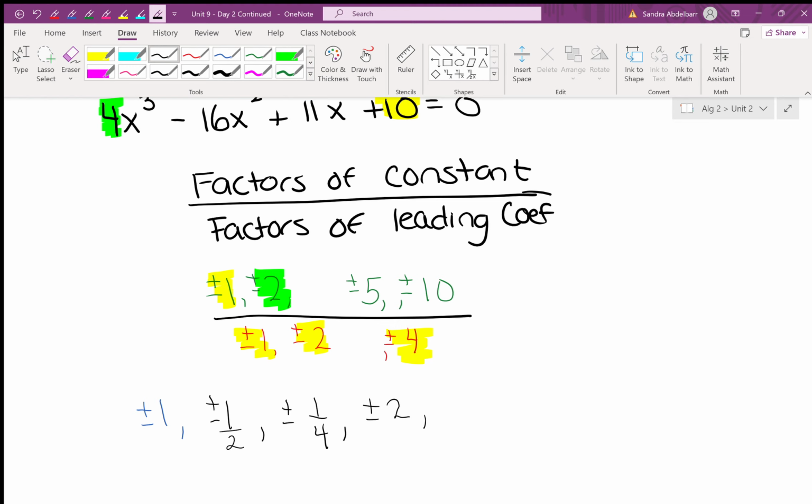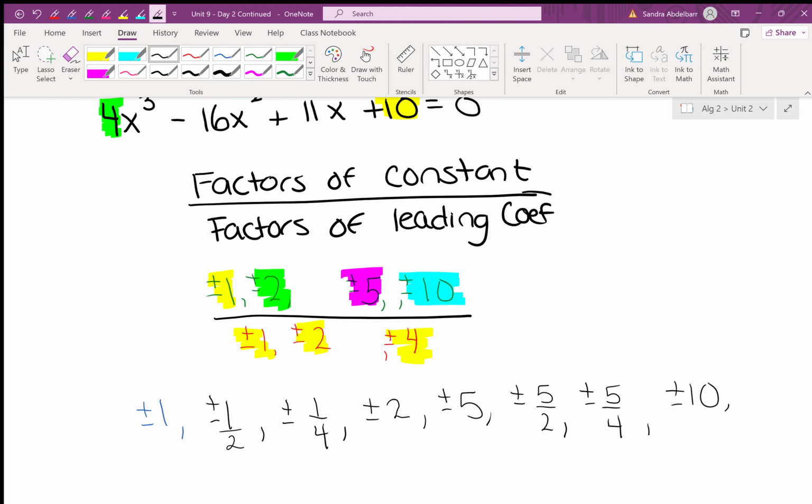Now let's go over to the 5. For the 5, I can have plus minus 5 over 1, which is just plus minus 5, plus minus 5 over 2, and plus minus 5 over 4. Now we are going to the 10. We can have plus minus 10.